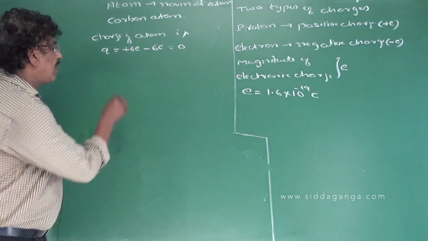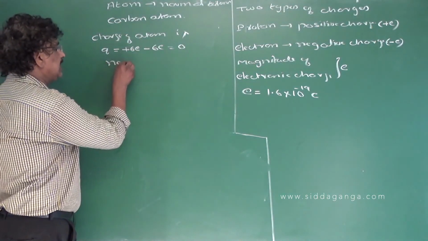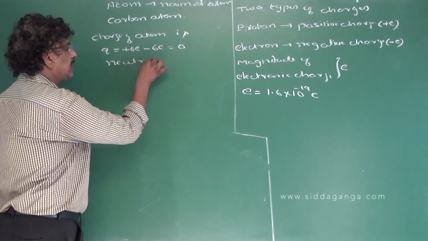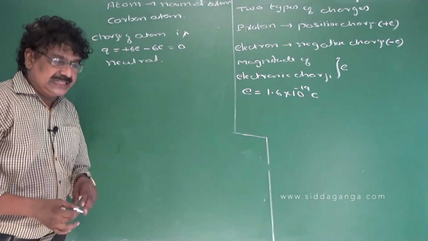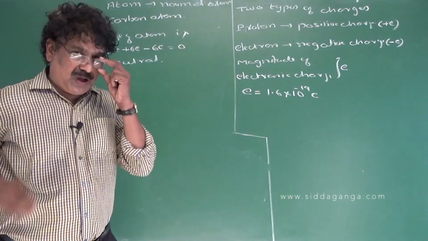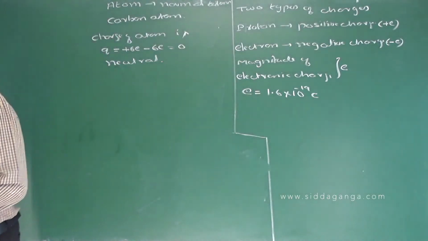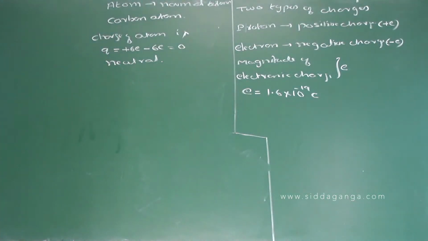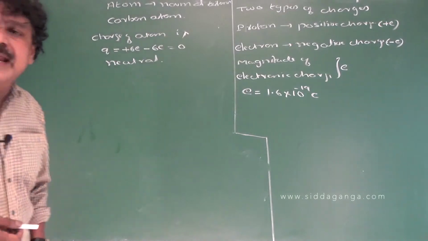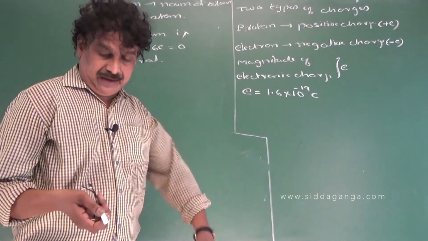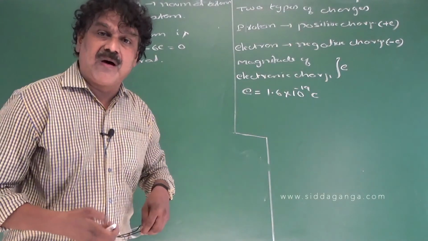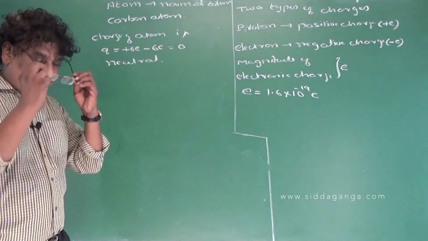That is, a normal atom is electrically neutral. It has neither positive nor negative charge. It does not attract or repel any other particles.